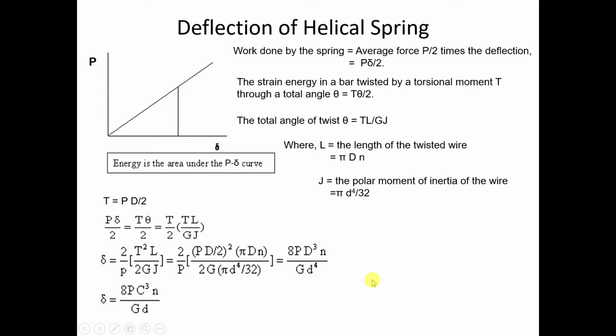And if you replace capital D by small d times the spring index C, this will give you 8P C cube N by G d. And if you put this deflection value del in our stiffness equation, that is k equals P by del, the new stiffness equation k will become G d by 8 C cube N.